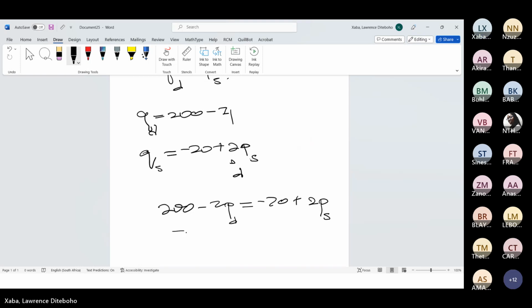And I think I've done it. PD equals, then we have negative 200, then we divide. Let me cancel that. Oh, I just need to check something. Something doesn't make sense here.